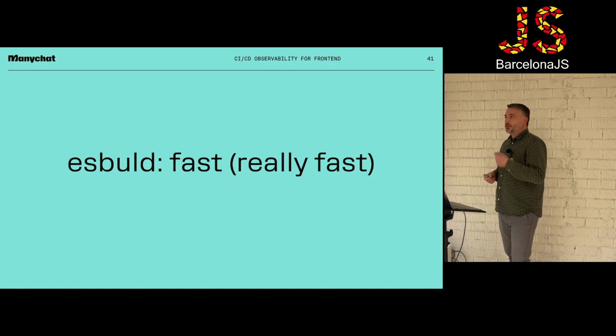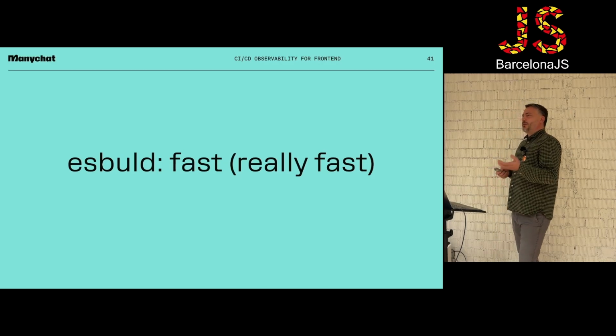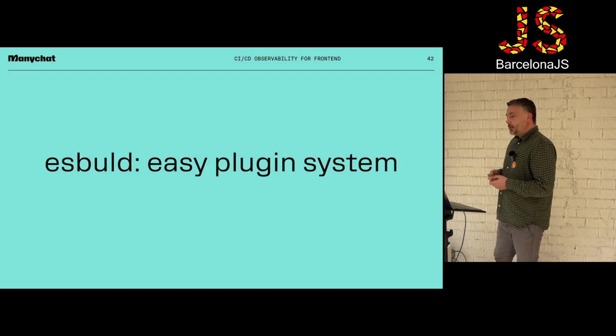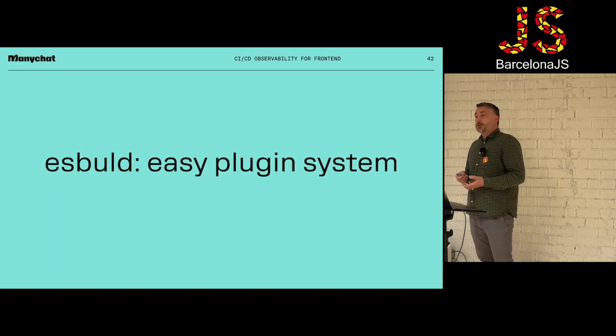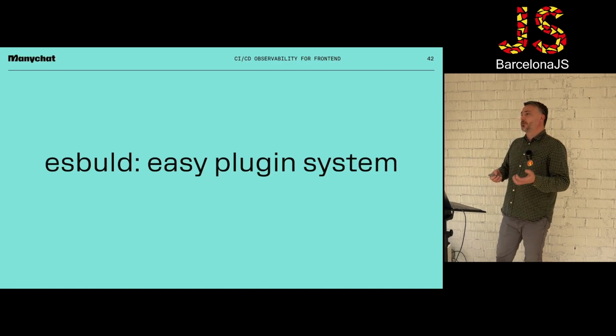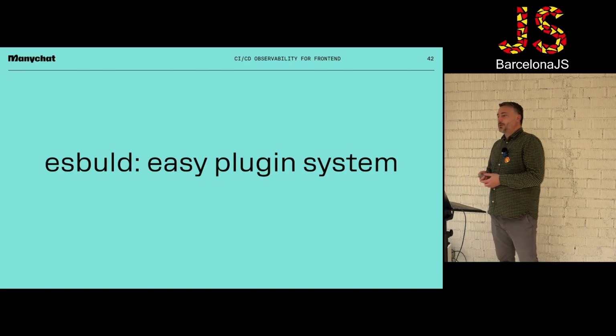And ESBuild in the dev environment right now builds in 5 seconds, I think. Yeah, 5 seconds, it's super fast. And it has a plugin system which is fully understandable to front-end developers, to JavaScript developers. You can write your plugin for any process in ESBuild.